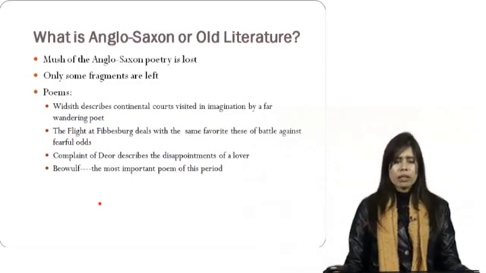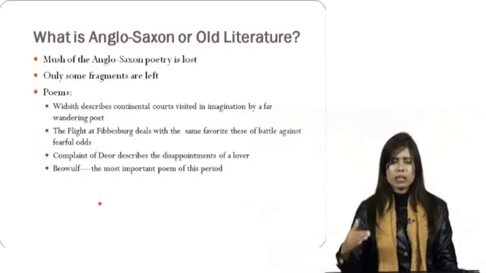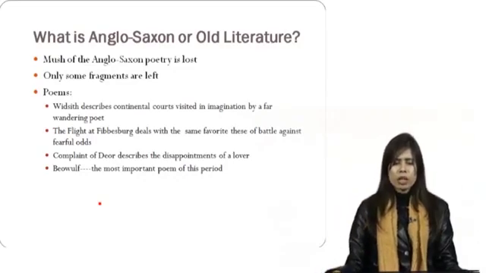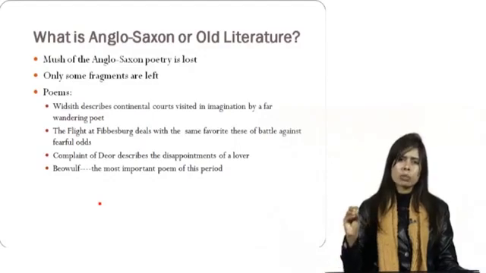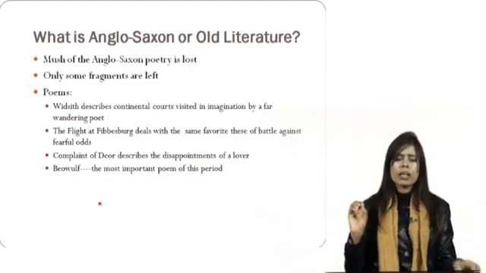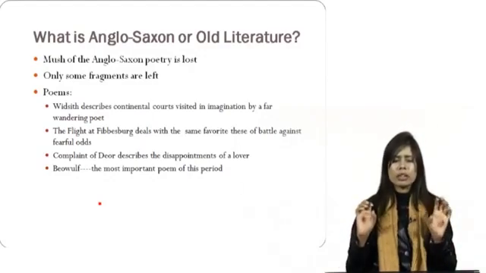So poems. This is Widsith. These are the very famous poems you can see in the Anglo-Saxon period of the history of English literature. Widsith describes continental courts visited in migration by a far wandering poet. So here you can see that this is by an anonymous poet as well, and it talks about the continental courts.